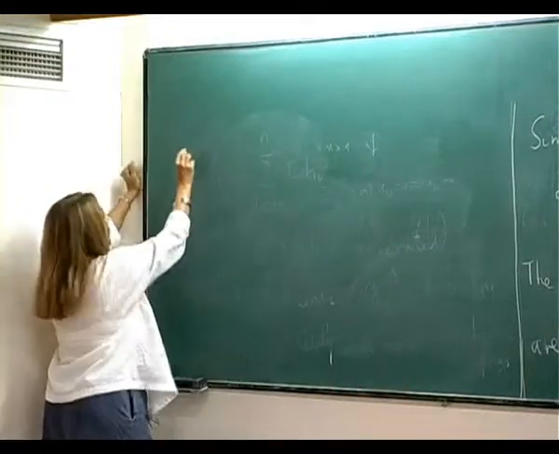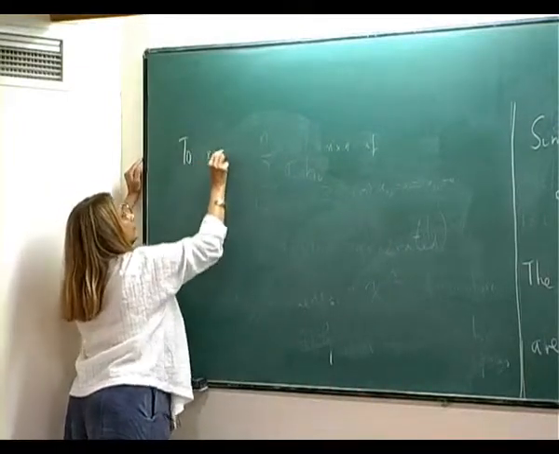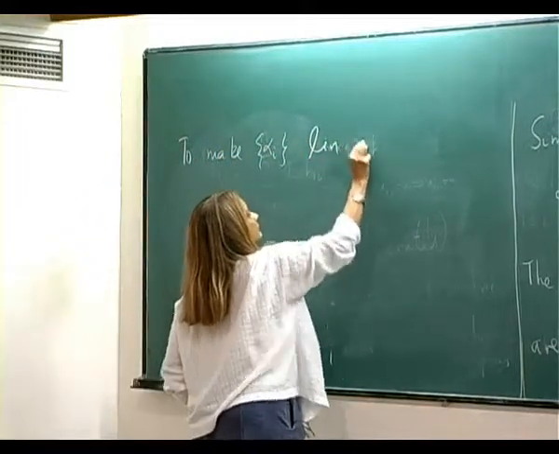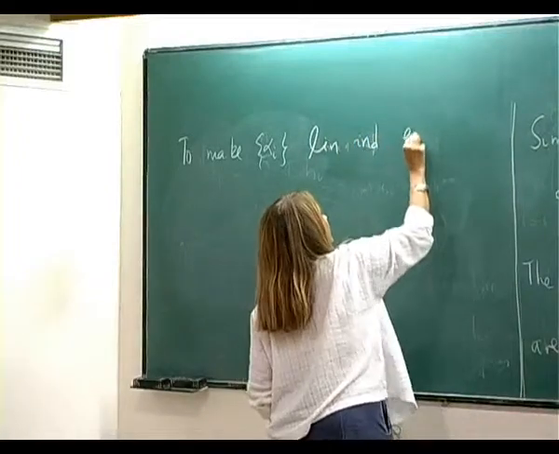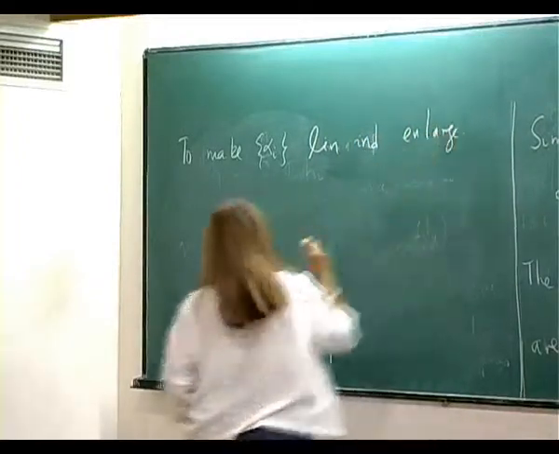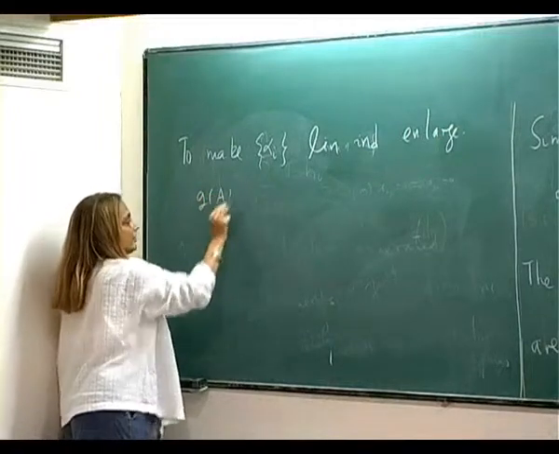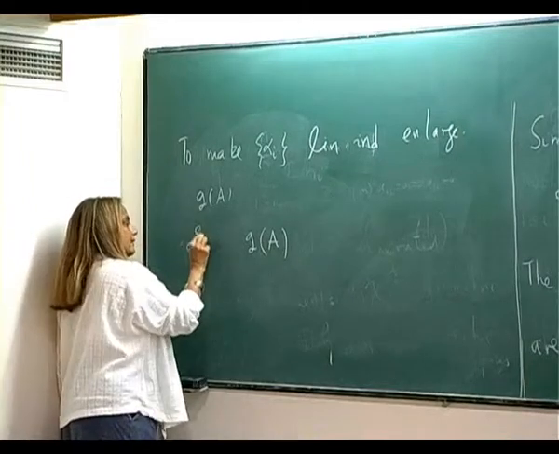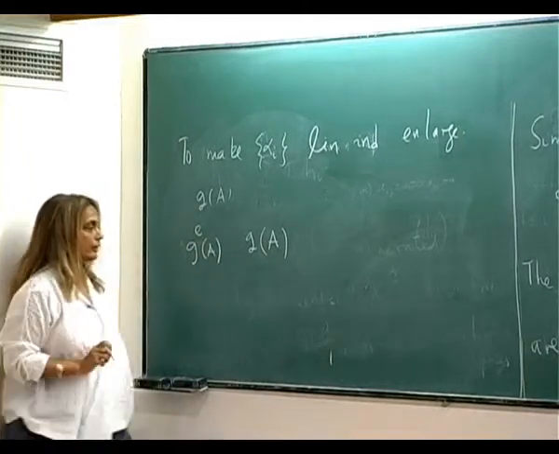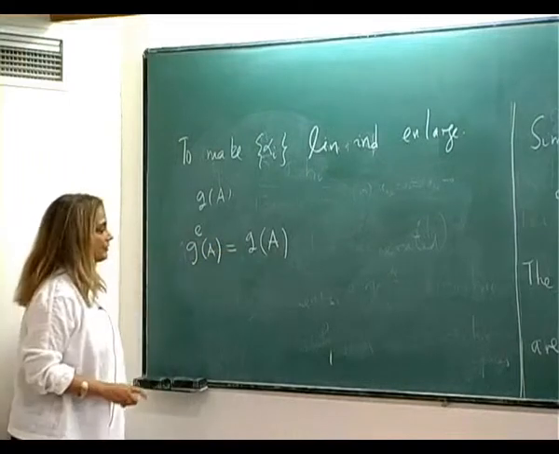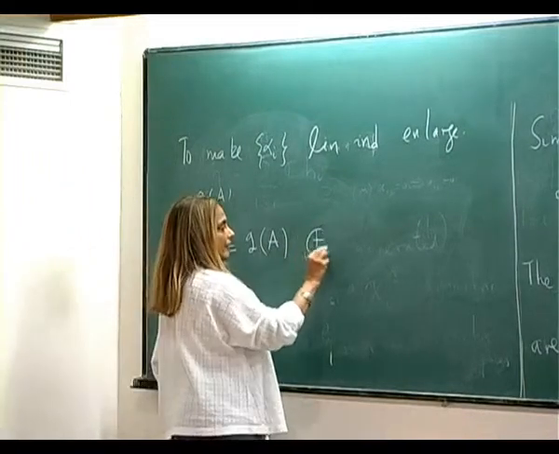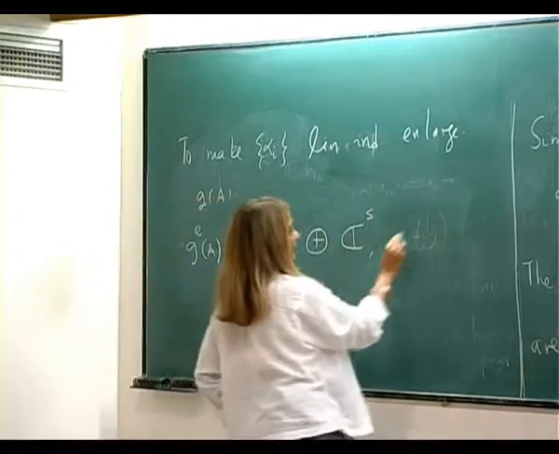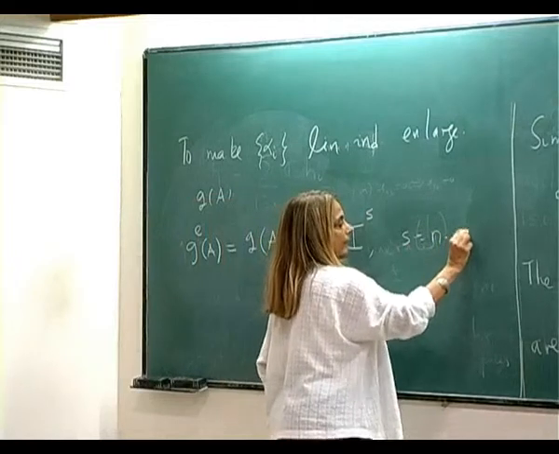So what you do is, to make the alpha_i's linearly independent, you enlarge your Kac-Moody algebra slightly. So you give yourself an additional vector space. It used to be called the extended Kac-Moody algebra, so I'm going to stick with that notation. So you take the original Kac-Moody, and then you give yourself an extra vector space of dimension s, where s is equal to n minus the rank of A.